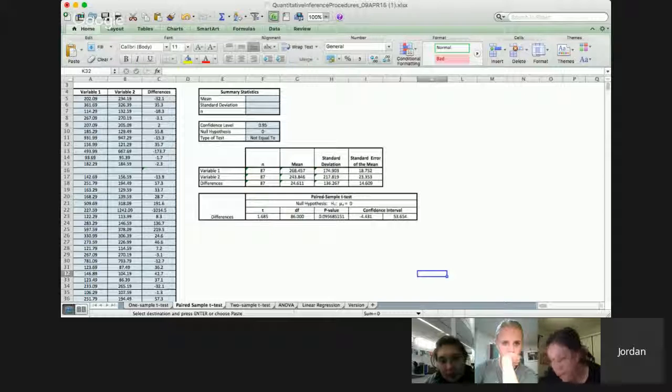Can you share your screen, Jordan? Am I not sharing it? Yeah, can you share it? There you go. All right. So remember now this is a T test. Oh, Katrina, I think why it's not sharing is you just need to click on my screen on the bottom right-hand side and it'll stay on that one.